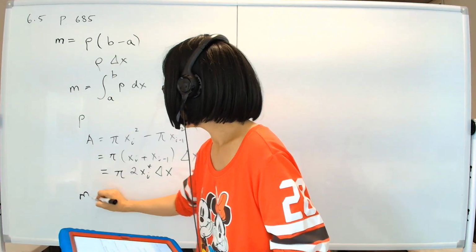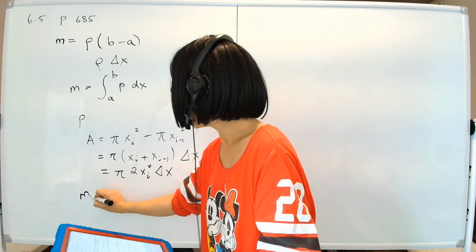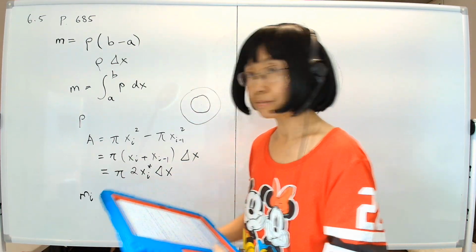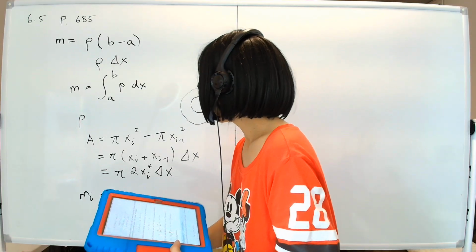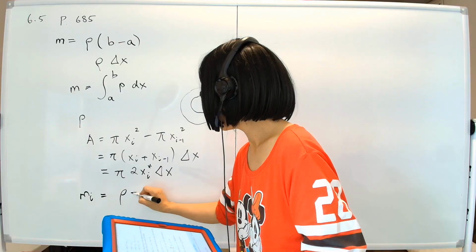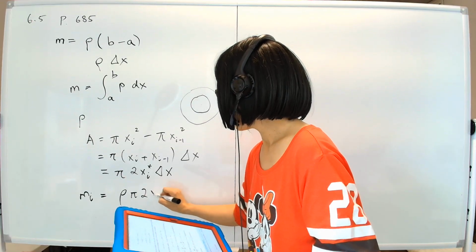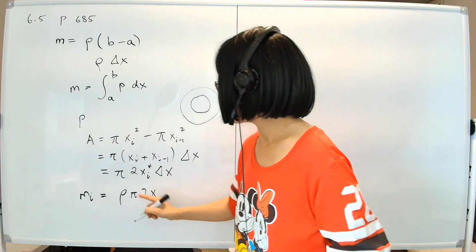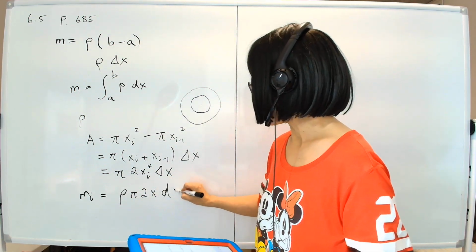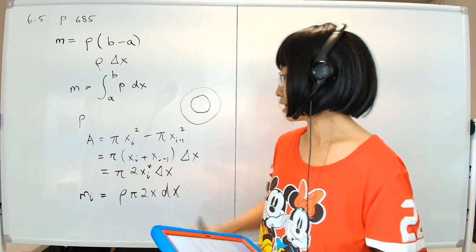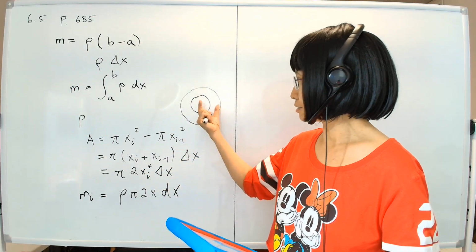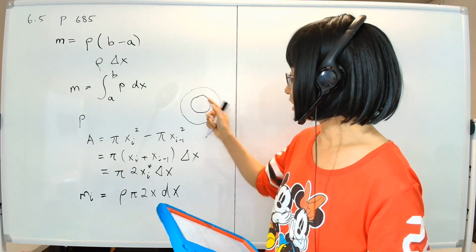So the little bit of mass equals this whole thing times your density, pronounced rho again, rho 2 pi x_i delta x. I'll write down delta x as dx and x_i as x because we're letting n go to infinity, so the circle thing is getting thinner and thinner.